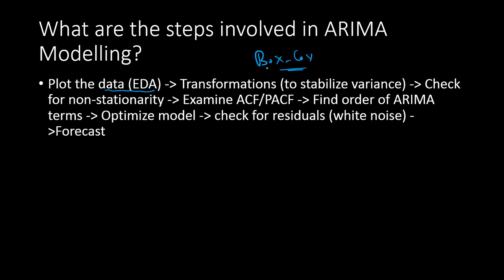Sometimes even with a Box-Cox transformation, it's not possible to stabilize it. So you have to do a deep dive into the data to see if there are issues with your variance, or it's changing over time, and whether you can stabilize it by Box-Cox transformation or some other transformation. Then you check for stationarity.